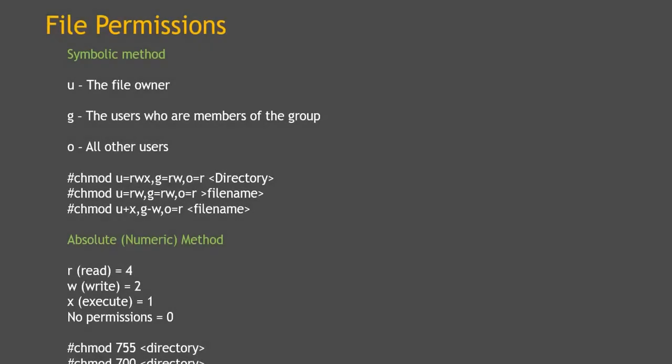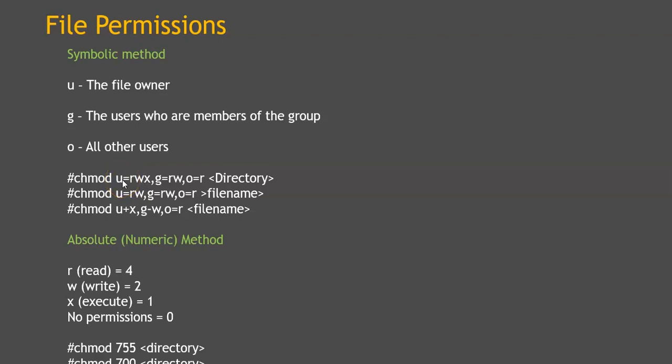So if you want to change the permissions for files or directories, we have two methods. One is the symbolic method and the other is the absolute or numeric method. In the symbolic method, with the help of the chmod command, we can use the u, g and o options.